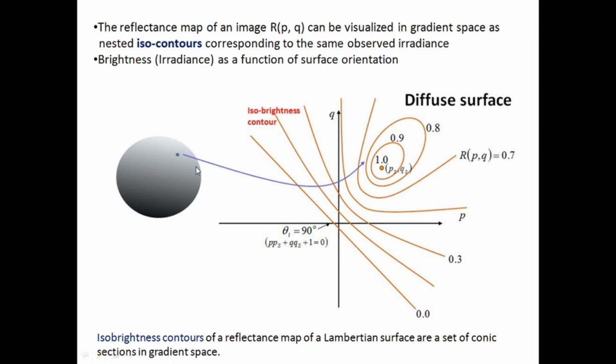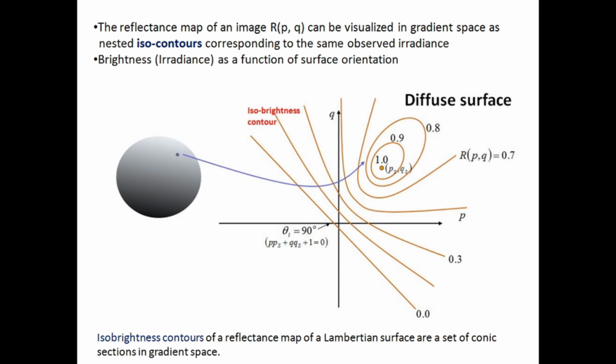Now if p equals ps and q equals qs, then R of p comma q will have the value 1.0. So it has the highest brightness.